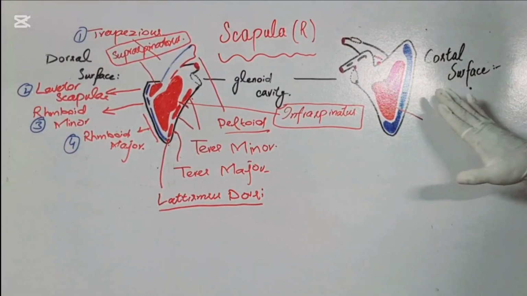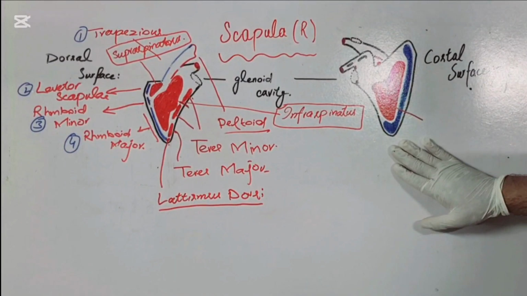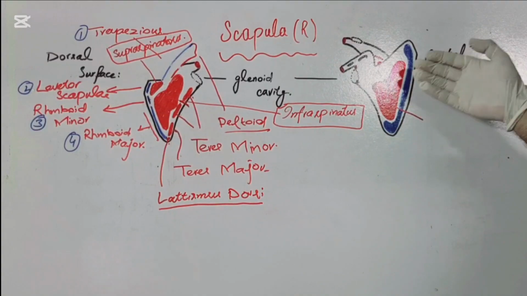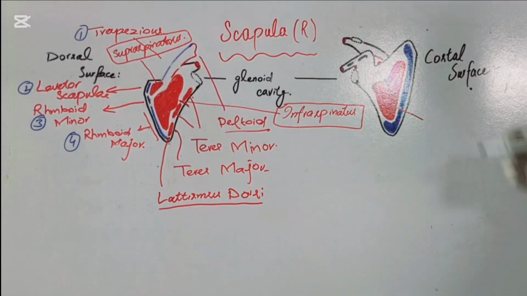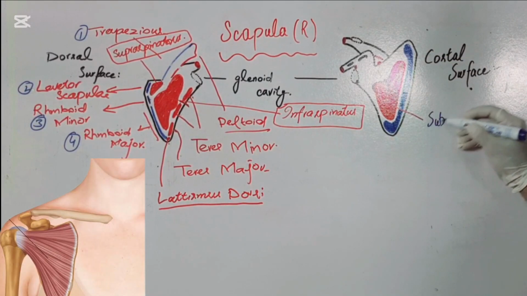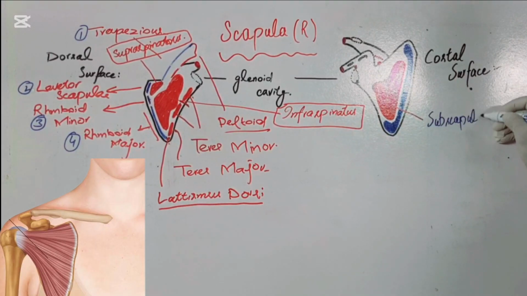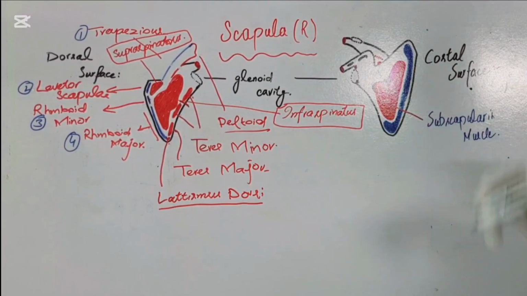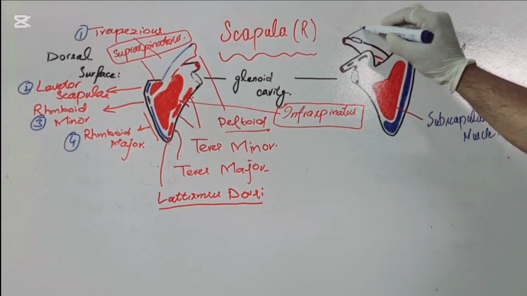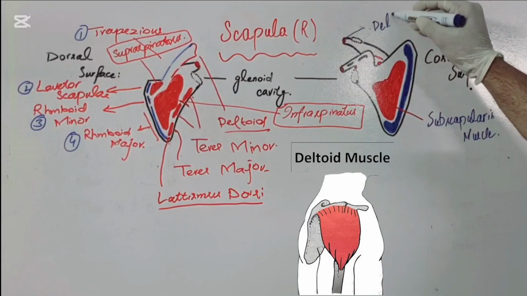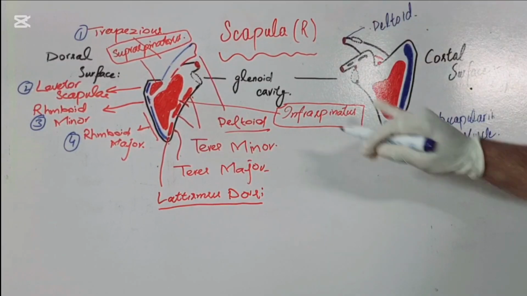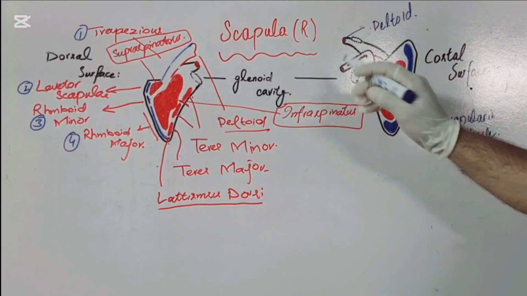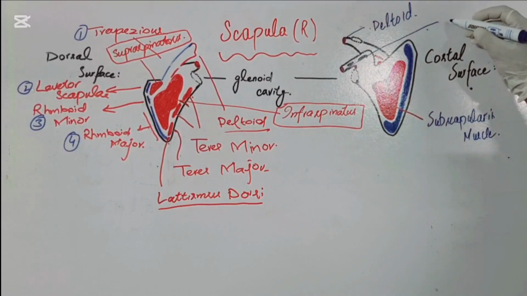Now moving towards the costal surface of scapula bone. Here we have a major originating muscle of subscapular fossa, that is subscapularis. And the other one that is originating from the acromion process of scapula is deltoid, and from the coracoid process here we have coracobrachialis.